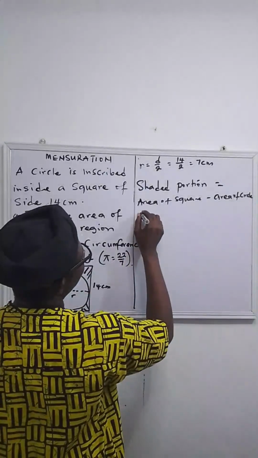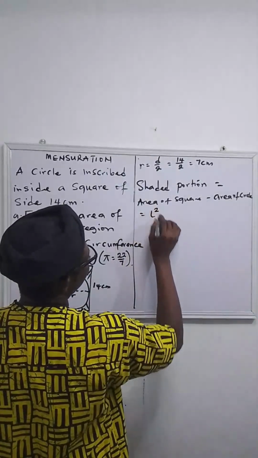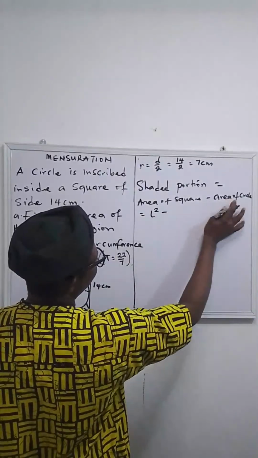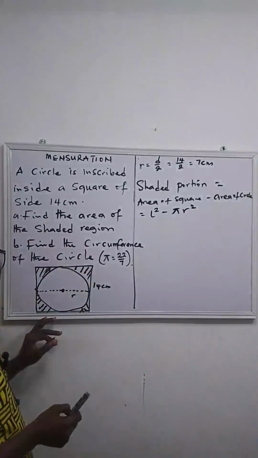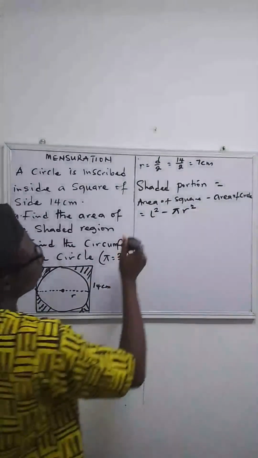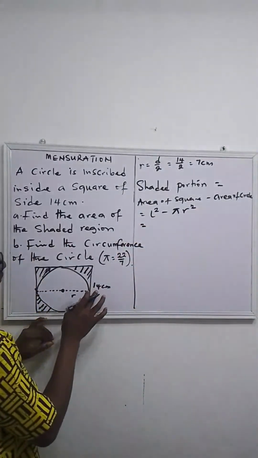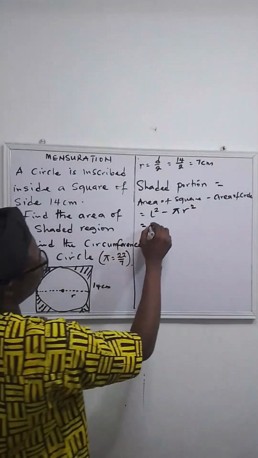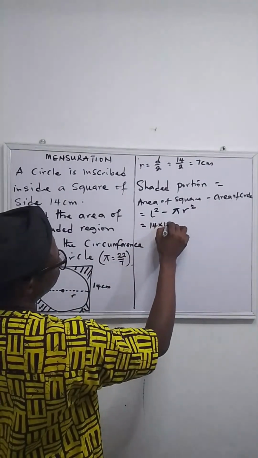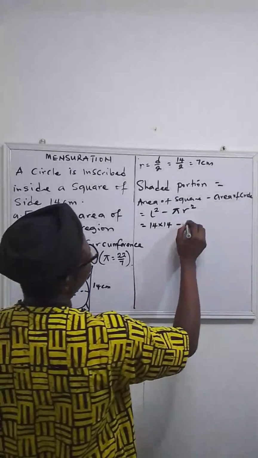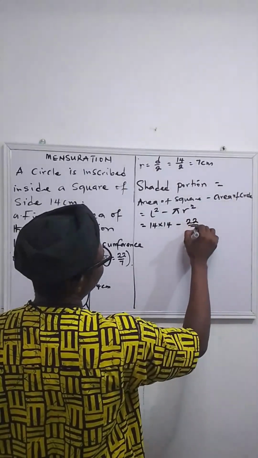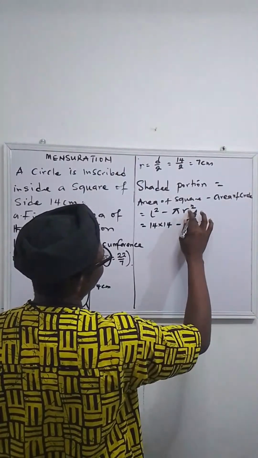So what is area of square? That is length times length minus area of circle is pi r square. You get that? So we have, this is 14 and this is 14. So we have 14 times 14. Okay, so minus 22 over 7 times r.